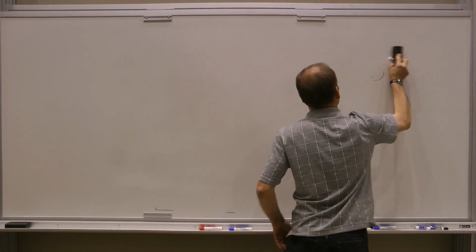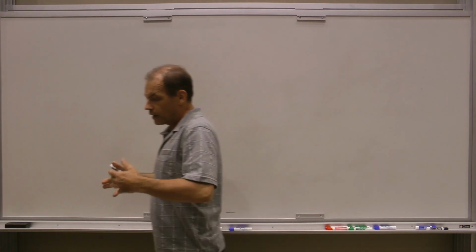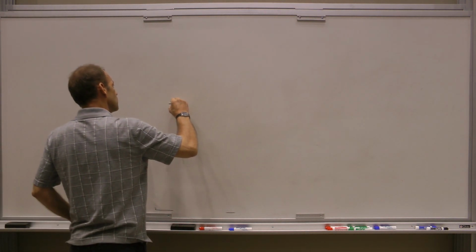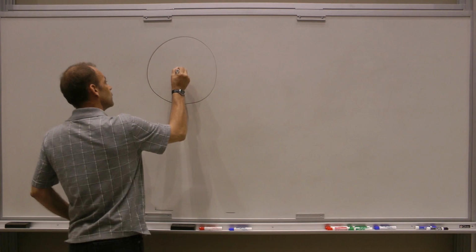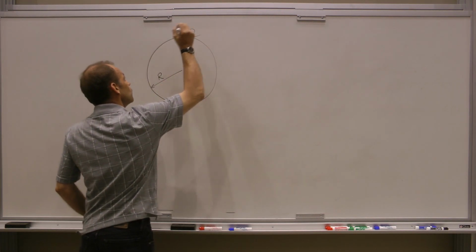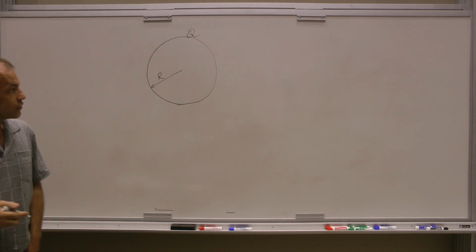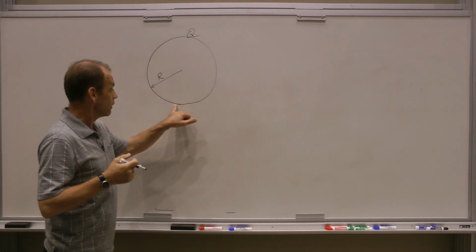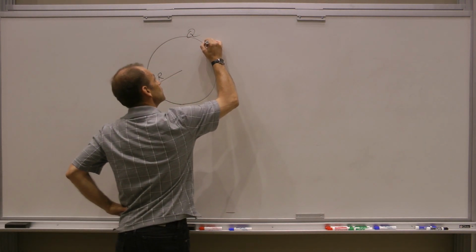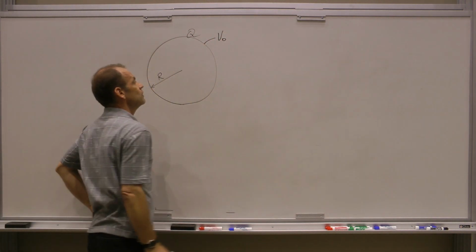What does it mean? The easiest way to start thinking about capacitance is to consider a sphere of charge Q. We're going to take a sphere of a certain radius r, holding a charge Q, and as it holds a charge Q, we know that being a conductor in electrostatic equilibrium, it has a given potential, let's call it V sub 0.